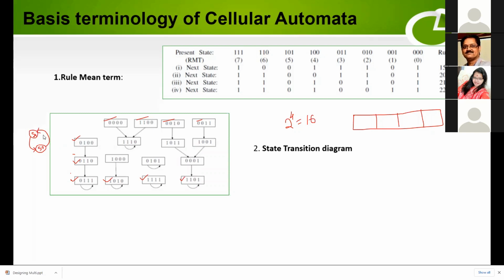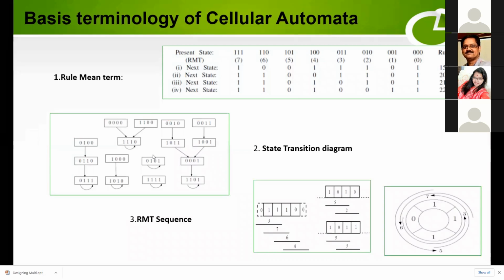This is called a multi-cycle attractor, and if there is only one state, then we call it a point state attractor or single cycle attractor. Now the question is how we can derive one configuration from another.